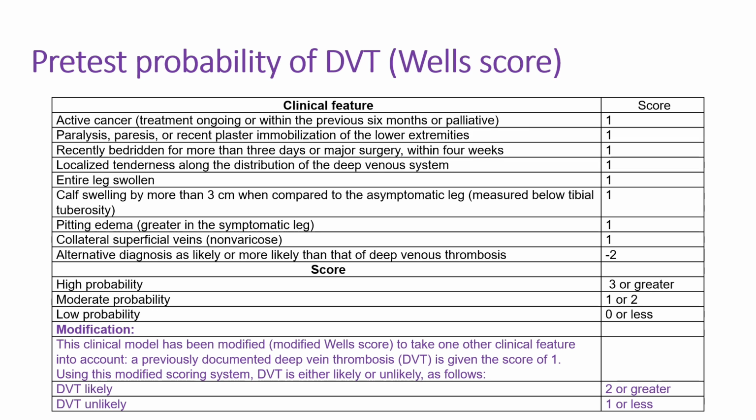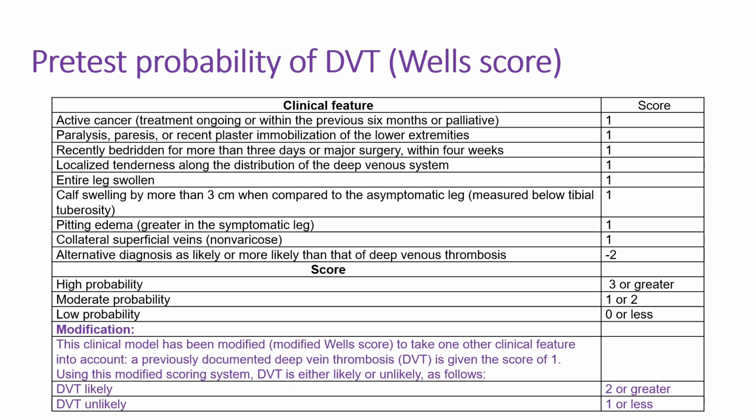Now we have a scoring system to make a probable diagnosis of DVT. This is called the Wells score. There are multiple scoring systems available. This is one of the most commonly used scoring systems. From this scoring system, we can have three important diagnostic scores.